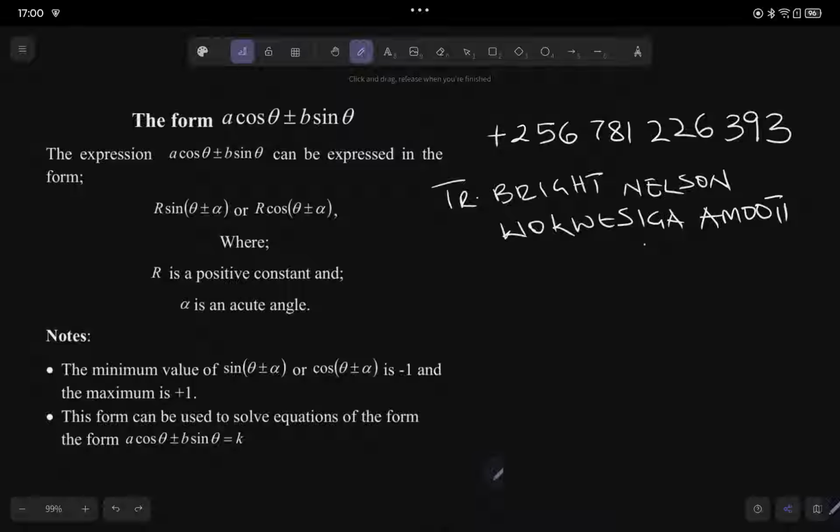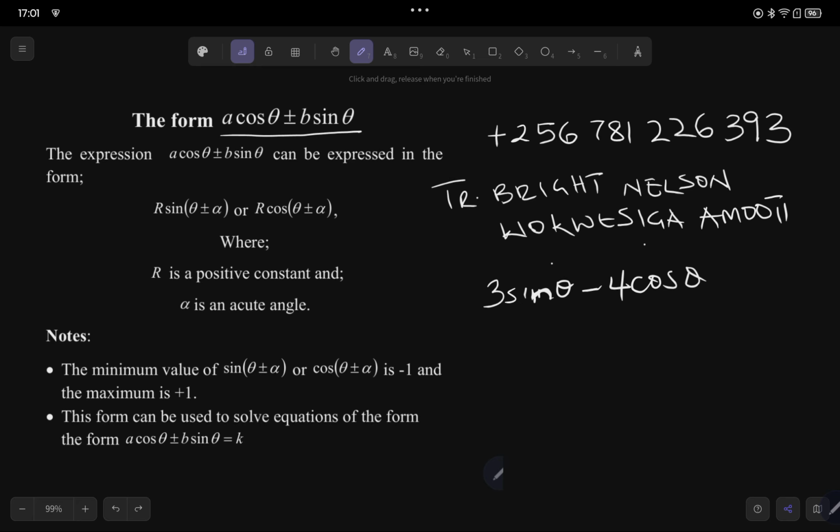Wonderful. Now, in today's episode, we are looking at the form A cos theta plus or minus B sin theta. A and B are constants, not necessarily rational constants. They can be even surds. And so it might be 3 sin theta minus 4 cos theta.